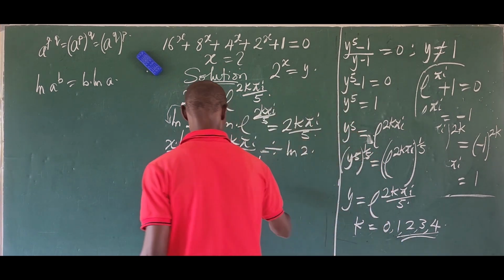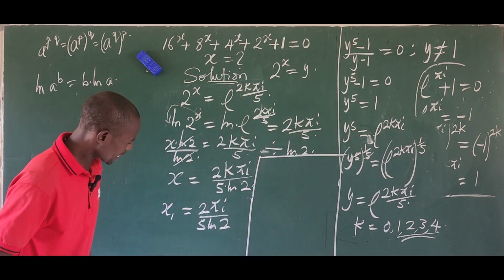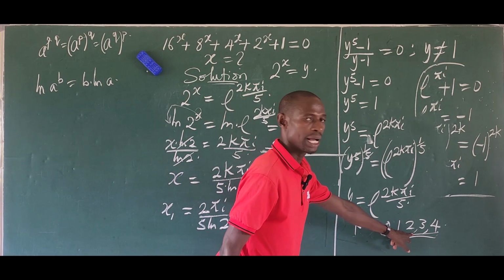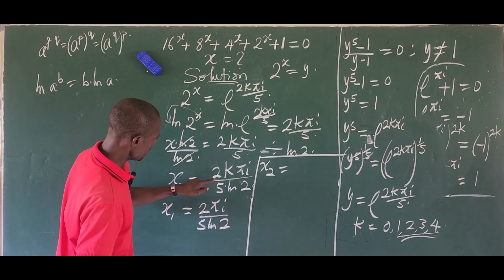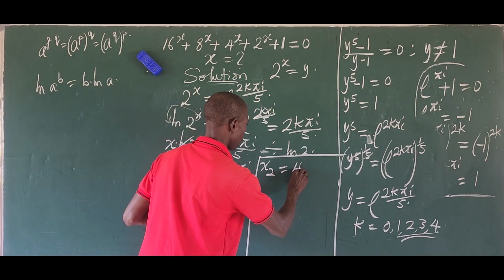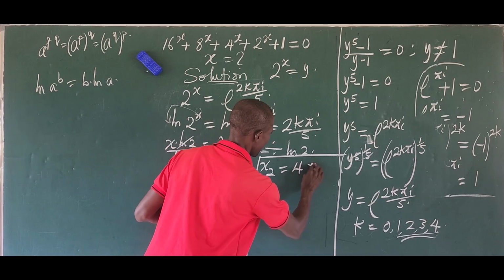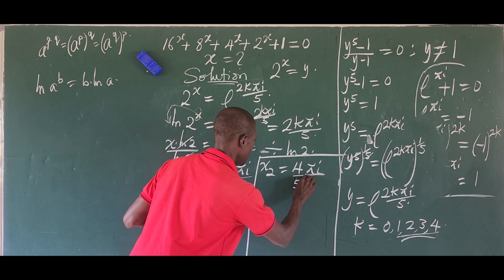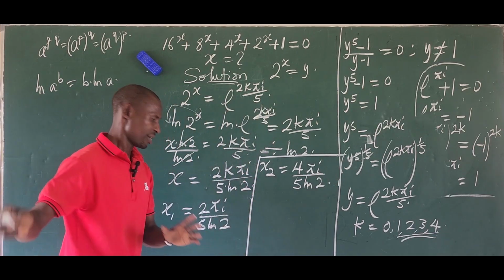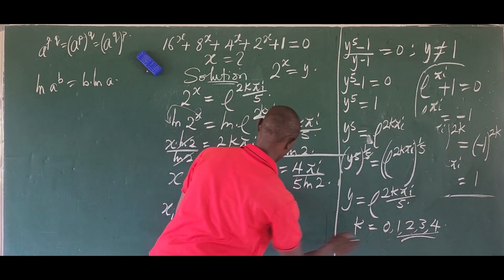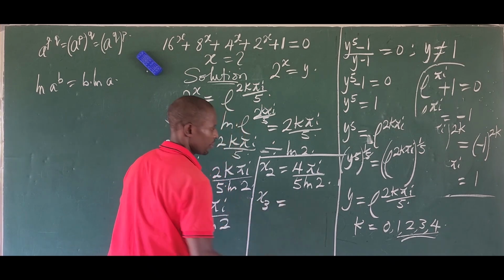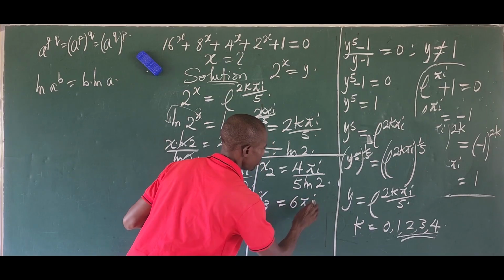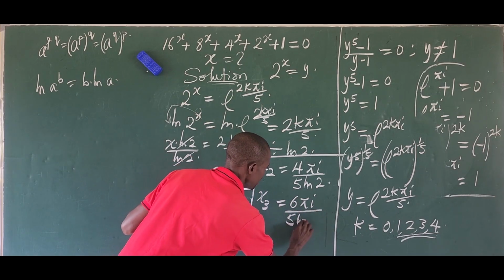All right, so let's go ahead and solve for our x2. We're going to have our k to be 2. If we put that into this original equation, this is going to give us 4πi all over 5 ln of 2. Then x3 gives us 6πi all over 5 ln of 2.